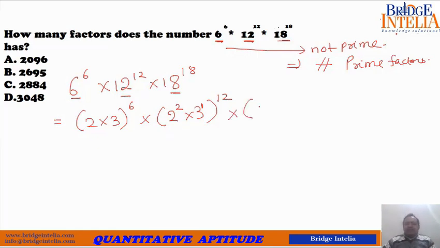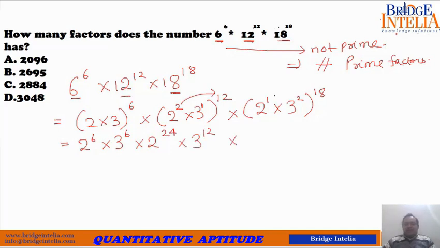18 can be written as (2 into 3 square) whole to the power 18. So this is 2 to the power 6 into 3 to the power 6. Here 2 to the power 24 into 3 to the power 12. Here 2 to the power 18 into 3 to the power 36.